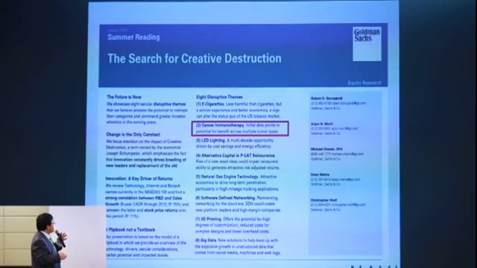The ranking of the creative destruction ideas includes electric cigarettes, LED lighting, and also natural gas engine technology, 3D printing.